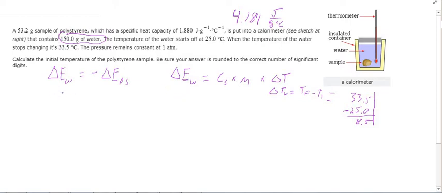Okay, so let's go ahead and find this here. So delta E of the water equals the specific heat capacity, which is 4.184 joules per gram degree Celsius, times the mass of the water, which is 150.0 grams, times delta T, which we've already figured is 8.5 degrees Celsius.